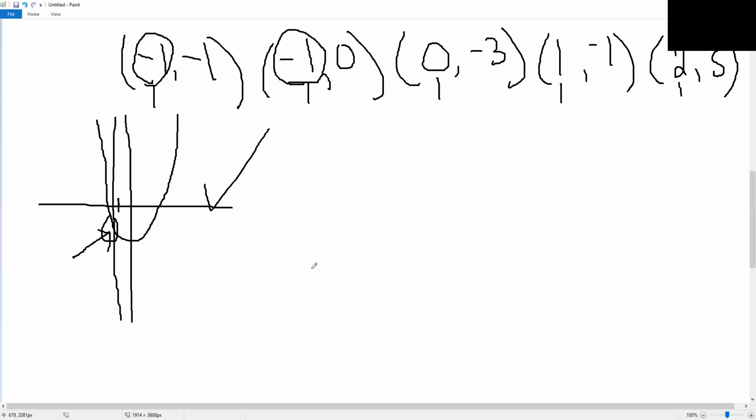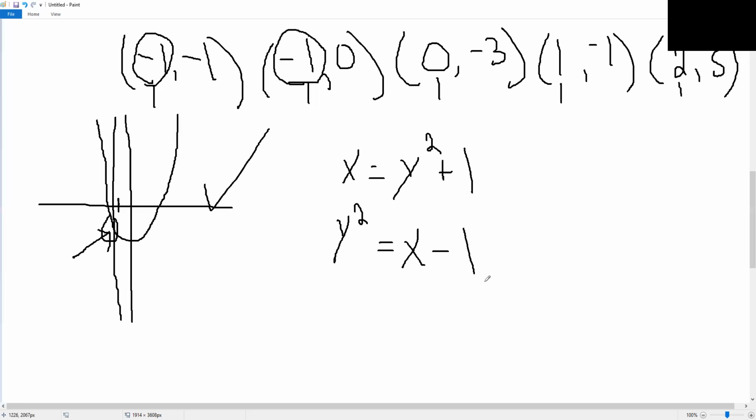Okay. Or they'll give you an algebraic sentence, something like x equals y squared plus 1. And basically you just solve for y. So let's get y by itself.